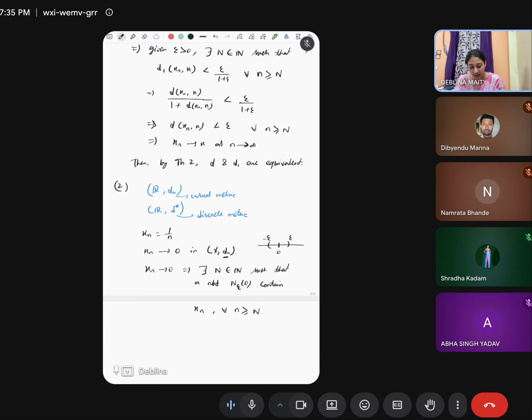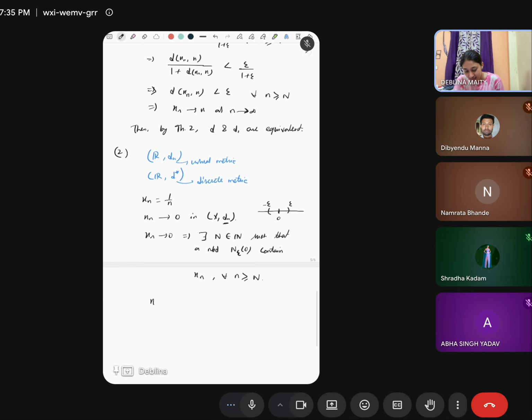A sequence converges to A means every neighborhood of A, this is A minus epsilon, this is A plus epsilon, contains all the points xn after some n. From x1, x2 up to xn may be outside, but after that n, all the terms of this sequence must belong to that neighborhood. This is what convergence means.